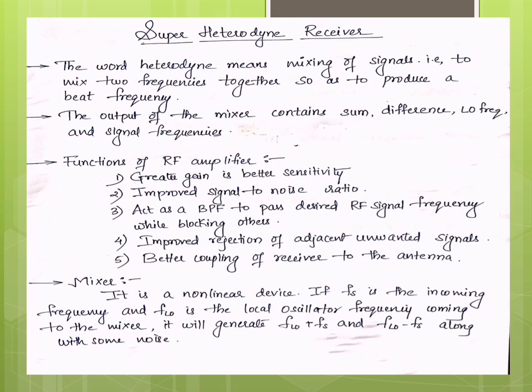Second point, improved signal to noise ratio. Signal to noise ratio means signal power divided by noise power. Next, it acts as a band pass filter to pass the desired radio frequency signal while blocking others.